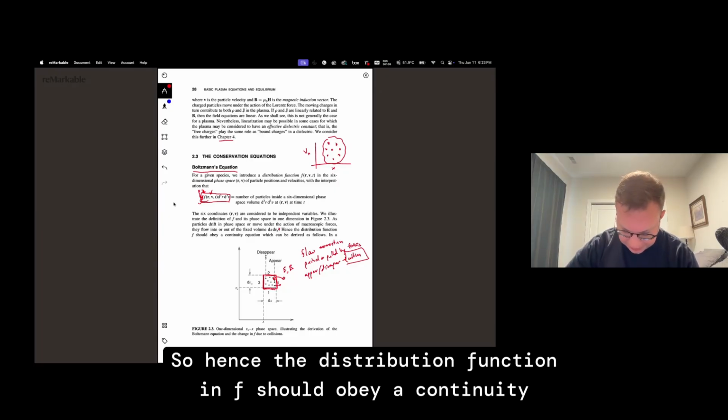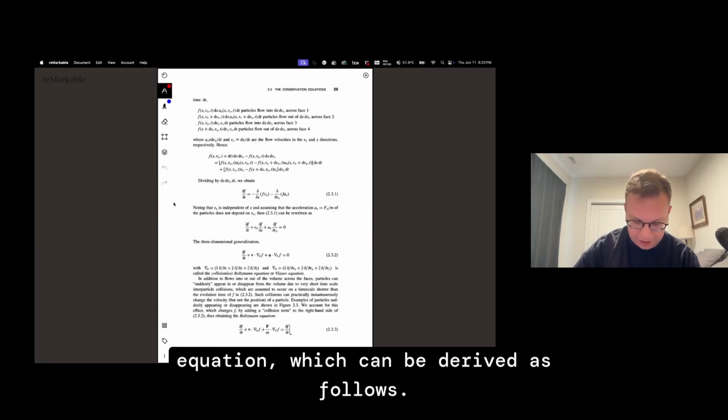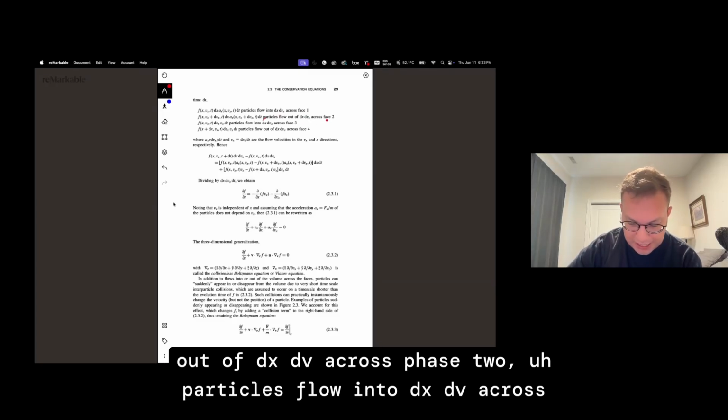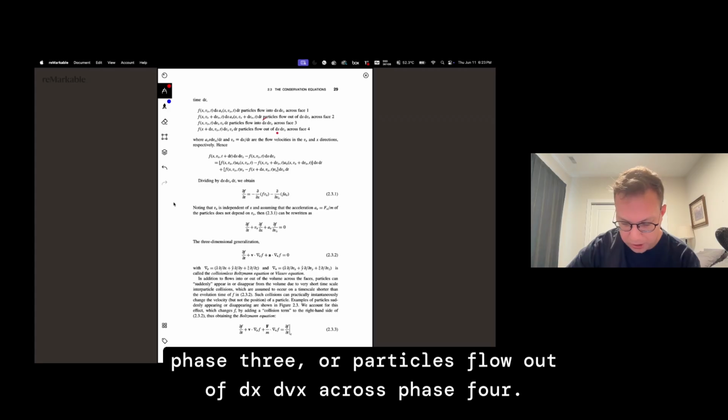So hence, the distribution function f should obey a continuity equation, which can be derived as follows. In time dt, particles flow into dx dv across phase 1, particles flow out of dx dv across phase 2, particles flow into dx dv across phase 3, or particles flow out of dx dvx across phase 4.